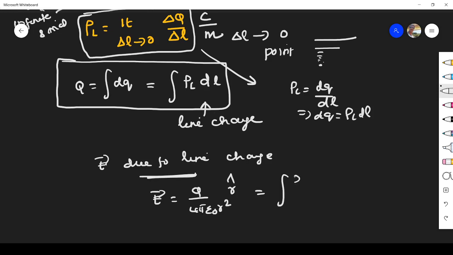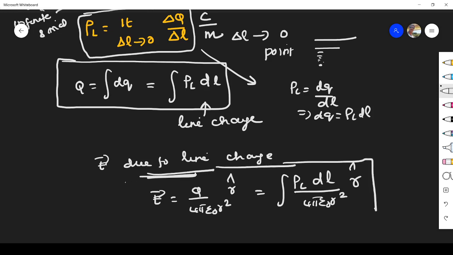So this will become rho L dl divided by 4 pi epsilon naught R squared into R cap. The unit is as usual volt per meter, right? So this is the electric field due to line charge density. Fine.